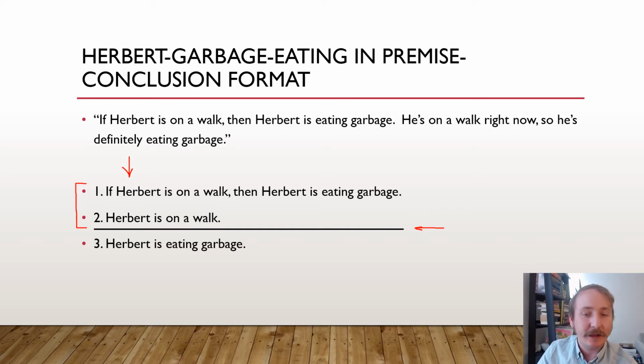So you might read the line as therefore. So putting this all together, if Herbert is on a walk, then Herbert is eating garbage. Herbert's on a walk, therefore Herbert is eating garbage. So these first two claims are premises, and the third claim is a conclusion.